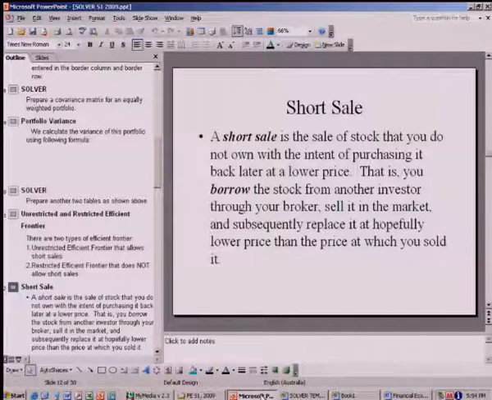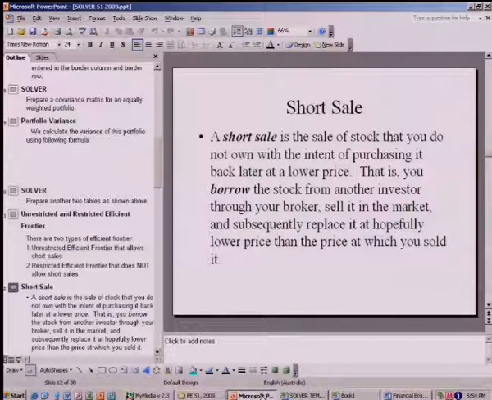So you sold them when the price was still high, then you waited some period of time. When the share prices fell, you repurchased them and gave them back to the original shareholder. So the difference between the two prices ultimately allows you to possibly make some sort of profit if your expectations turn out to be right.